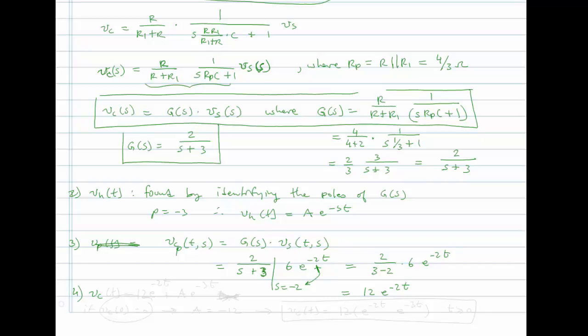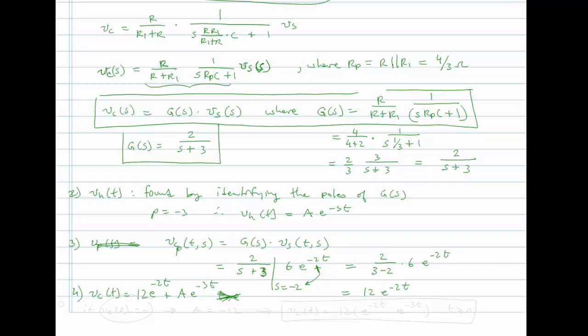And so finally we can combine the two. We can say the complete capacitor response is equal to 12 e to the -2t plus A e to the -3t. This is for time greater than or equal to 0. Actually, this depends on where we define our initial condition. So if we define our initial condition at -5 seconds, then it could be valid from time -5 seconds on.